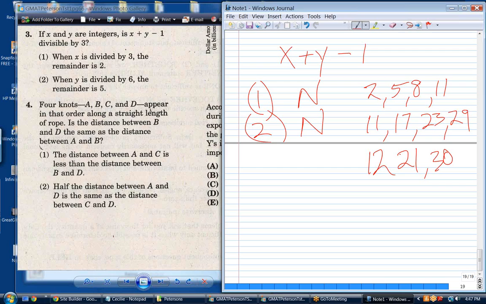So it would appear that yes, together we can answer that. Divisible by 3, yes. And I don't have to take just those pairs. I can take any x and any y. If I take 2 plus 17, that's 19. Subtract 1, that's 18. That's also divisible by 3. So no matter what combination I use, I get something divisible by 3, and that's pretty good confirmation to me.